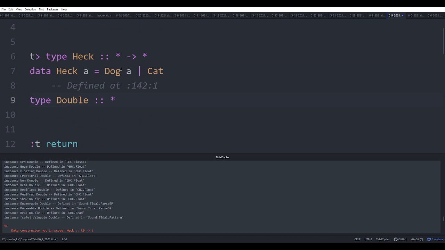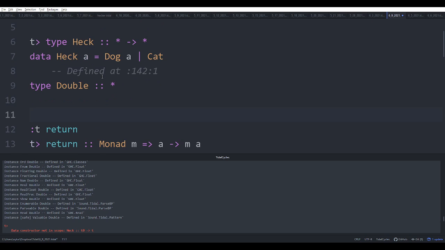But yeah, double is a type, which means star here. Technically, these stars, they're called kinds, and Hack is a type constructor that has different kinds, and these things on the right hand side of the definition, there's the actual data constructors as opposed to a type constructor. This feels a little wonky at the moment, so I'm not going to get too deep into that.